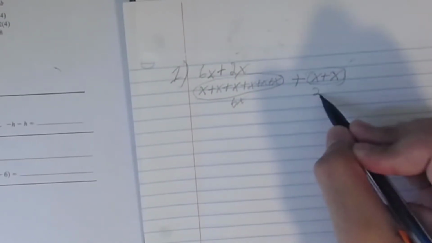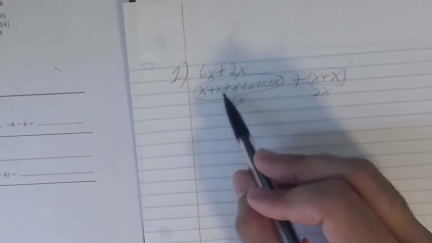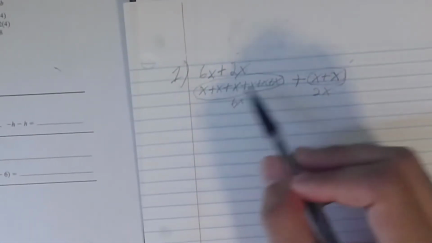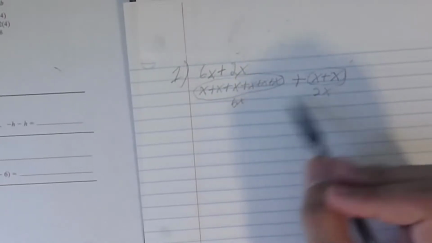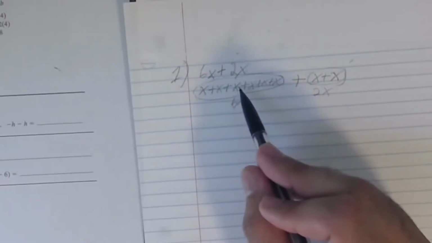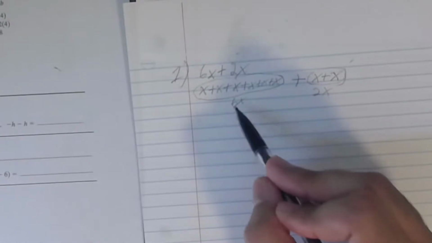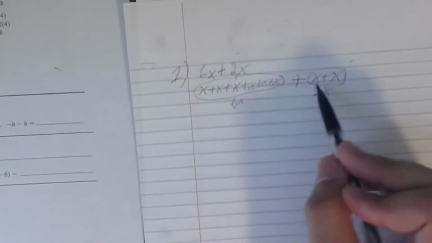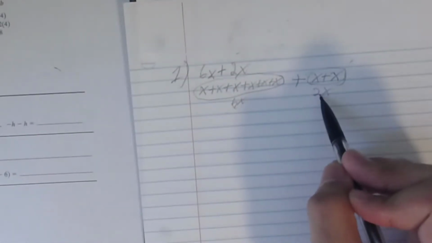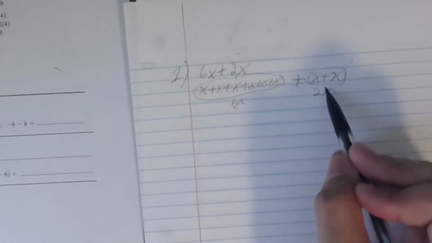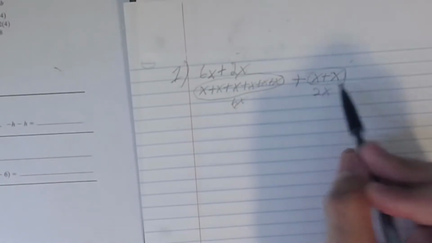Right here, this is your 2x. So instead of just saying x plus x, x plus x, you're simplifying it. You made this thing into this. This seems a lot easier to read than this, even though it's just a little bit smaller.